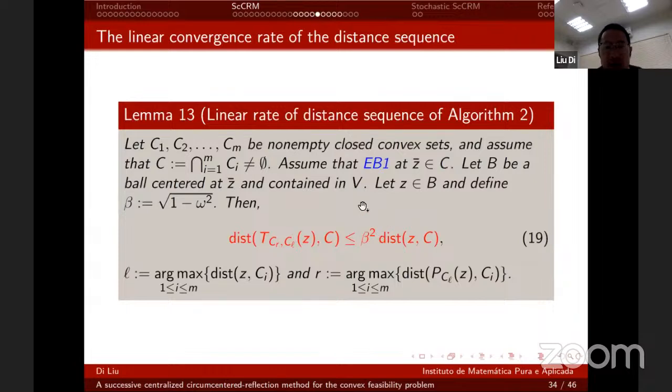Okay, so the first result is about the distance sequence of algorithm 2, which is most violated constraints in the distance version. We can prove the distance sequence converges linearly with a constant beta, where beta is equal to the square root of 1 minus omega squared.